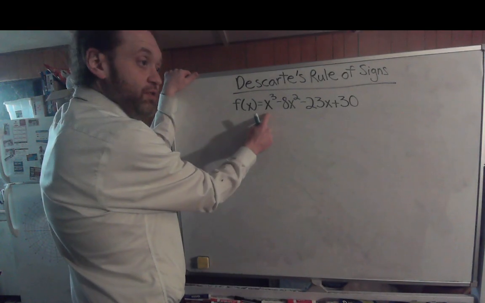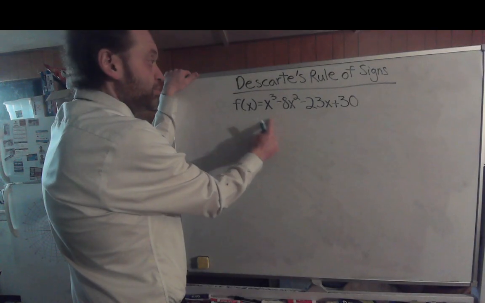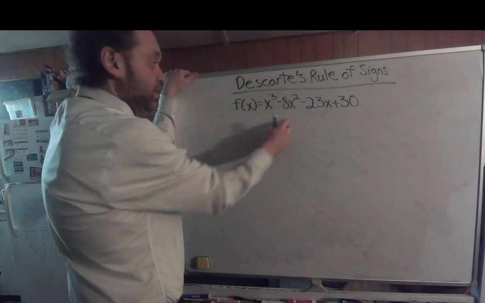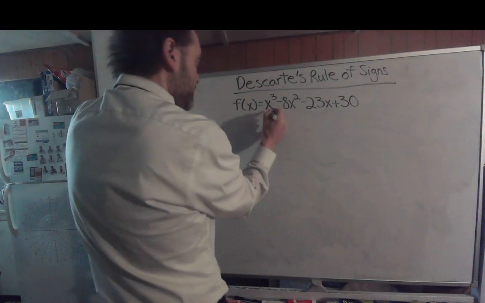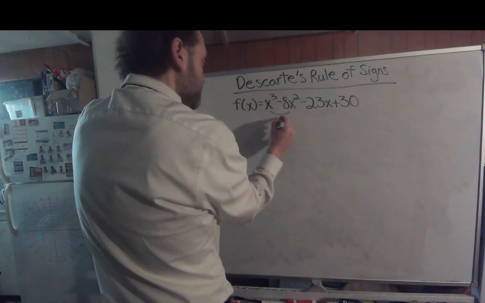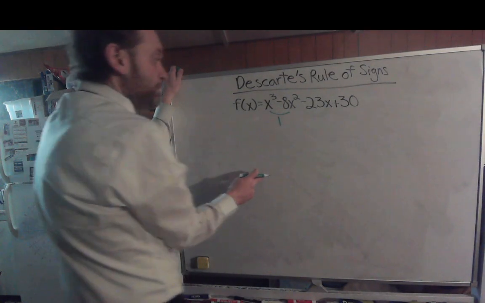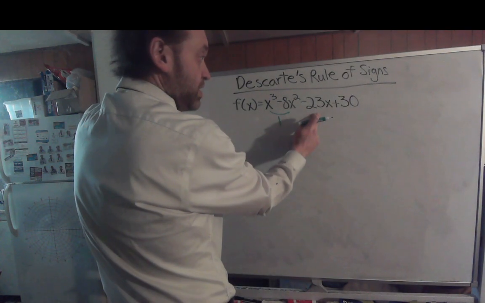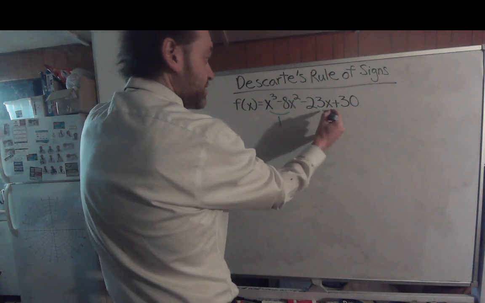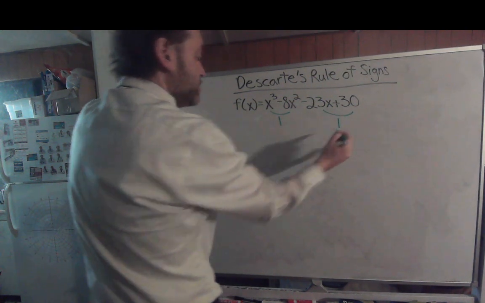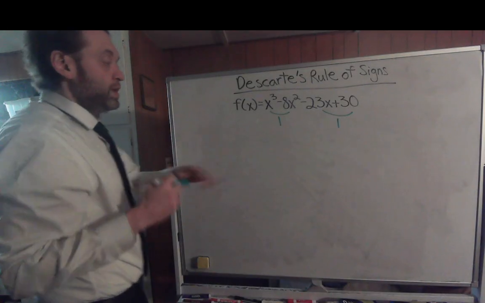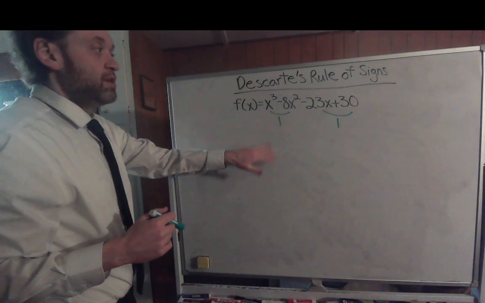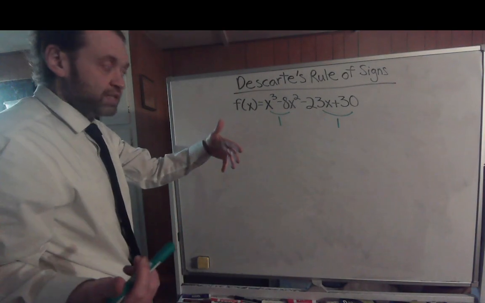So x to the third is positive, but 8x squared is negative, so you have one sign change here. You have a negative on a negative, there's no change there, but from negative 23x to 30, you have another sign change. So we have two changes of sign in the original function.